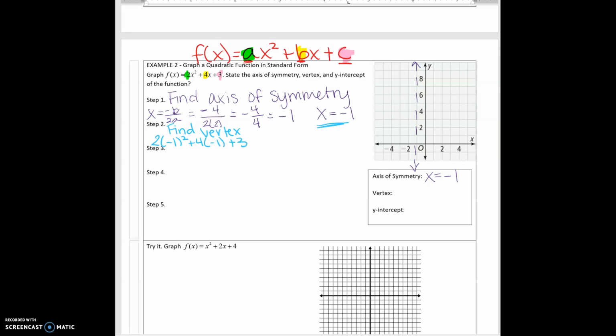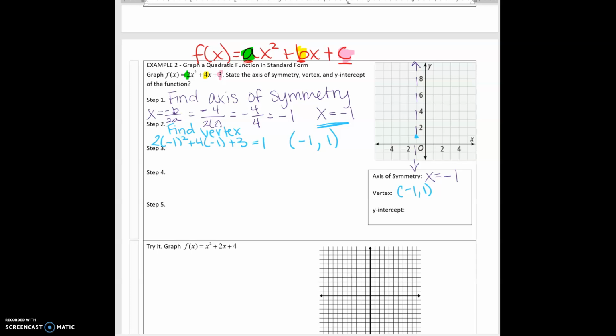So again, this is the x value, and now we need the y value. So we're going to find that. So do that in your calculator, and you get that it's equal to 1. So the vertex is negative 1, 1. And so right here is our vertex.